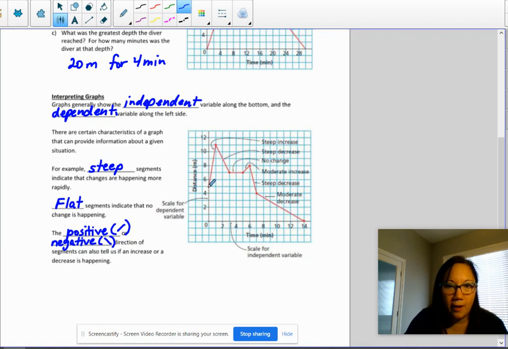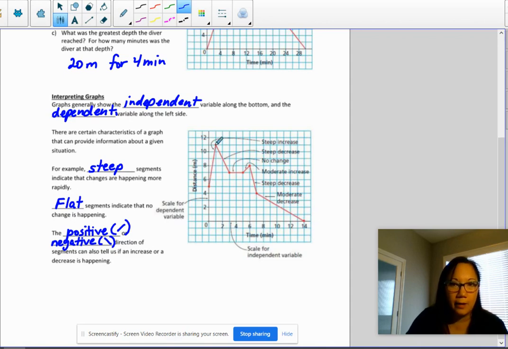Somebody started 5 meters away from something, moved further away quickly, came back not as fast, stayed at that same distance away for a few minutes, then had a moderate increase, then a steep or quick decrease, then a moderate decrease.